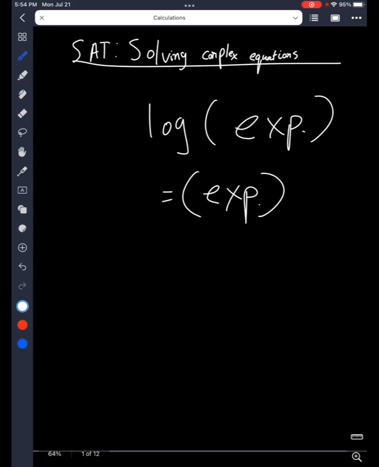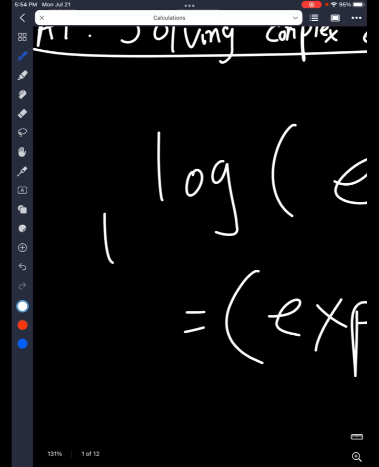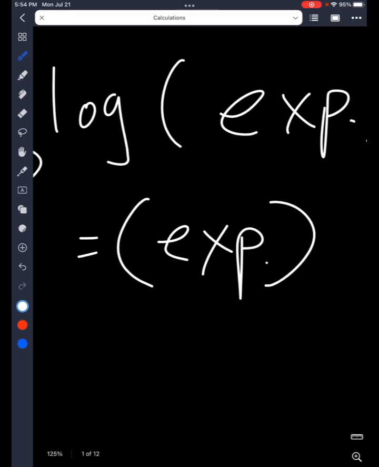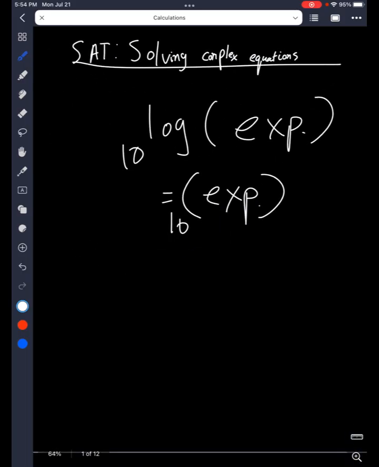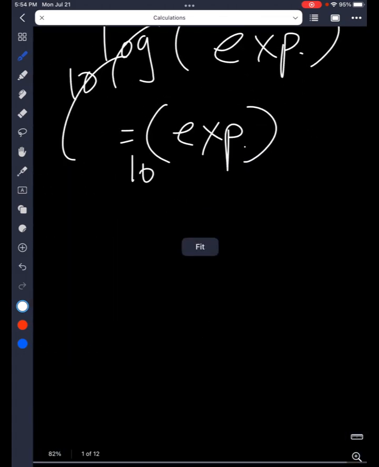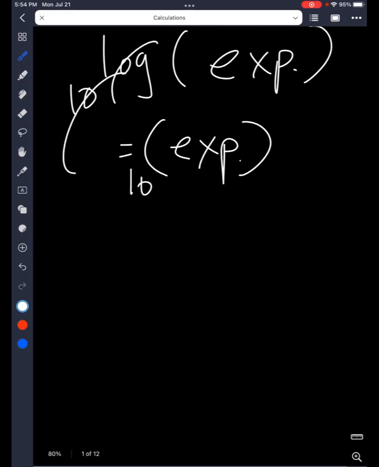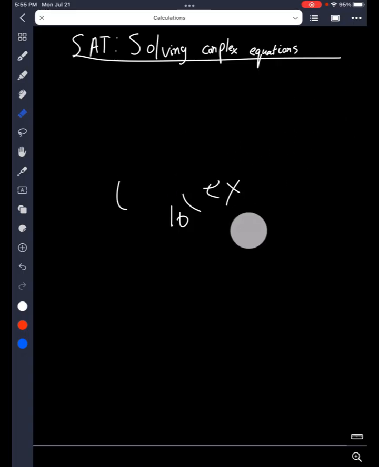You can use inverse functions here, and you could just say 10 to this log is equal to 10 to this exponent. That would mean the same thing. You could just cancel these out, and then you could solve for x. So that's how to solve for that.